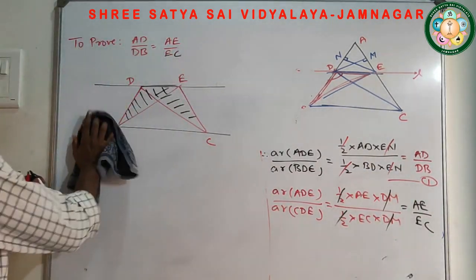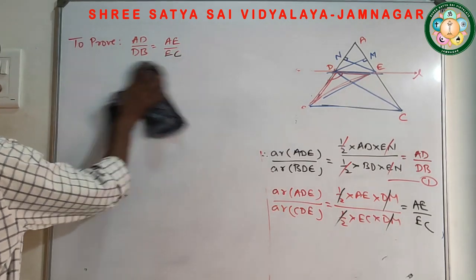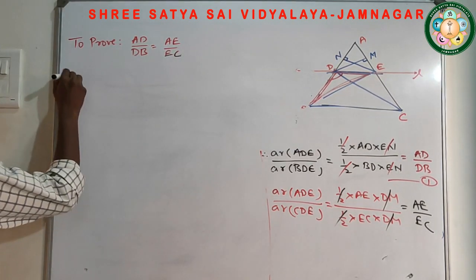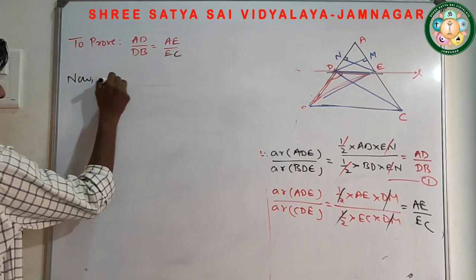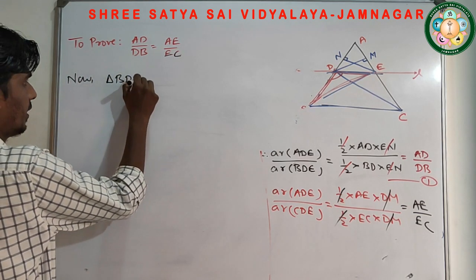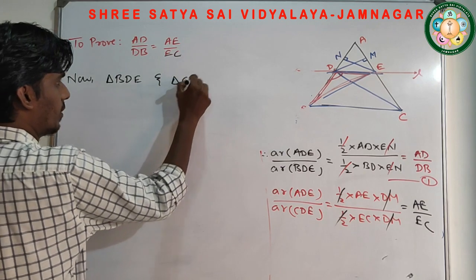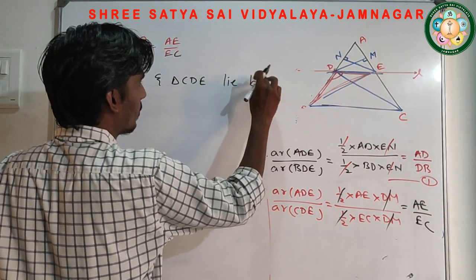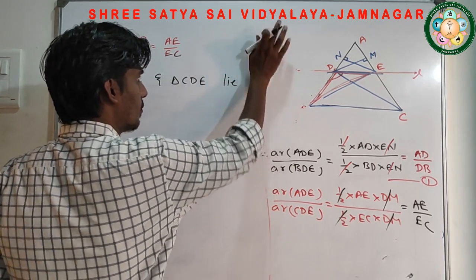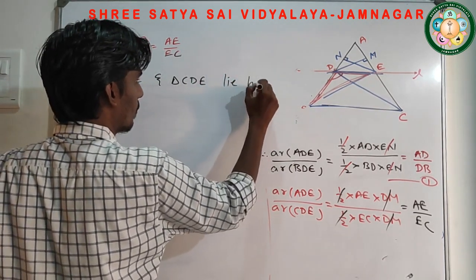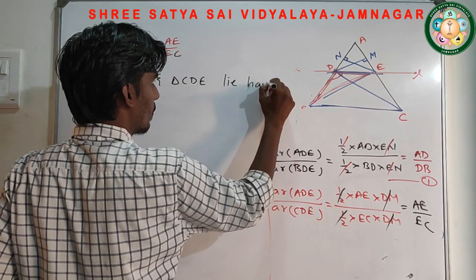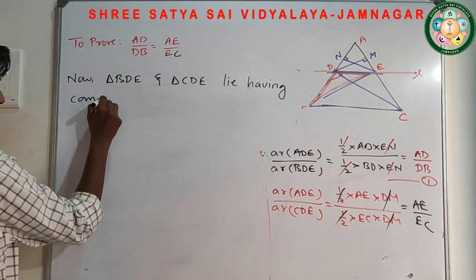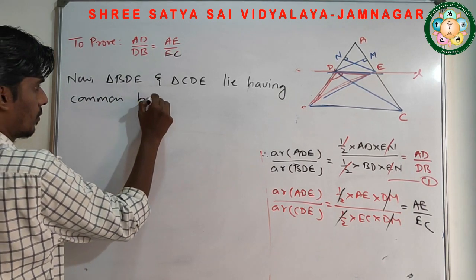For this, we are going to write down one statement. Triangle BDE and triangle CDE have a common base, or same base.